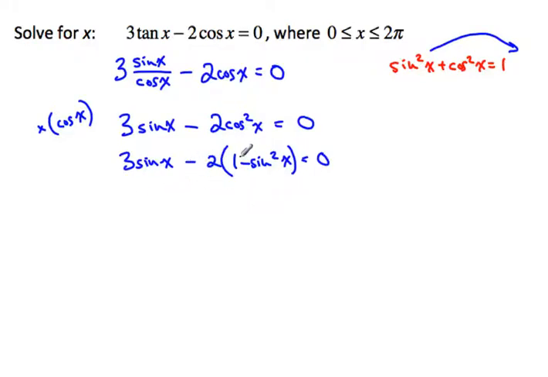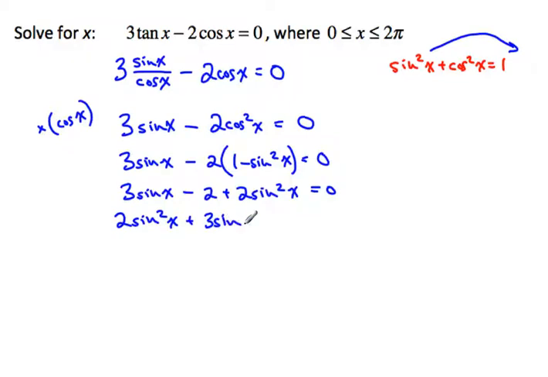Now, if we distribute the negative 2 in, we get 3 sine x minus 2 plus 2 sine squared x is equal to 0. Reordering that in the way that we're used to seeing quadratics, in decreasing powers by each term, we get 2 sine squared x plus 3 sine x minus 2 is equal to 0.